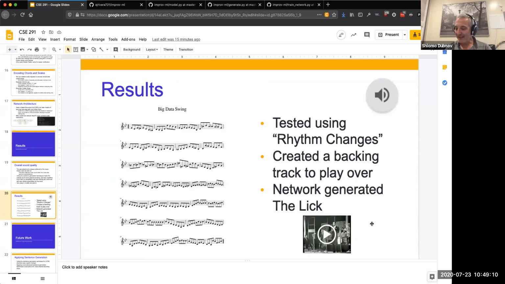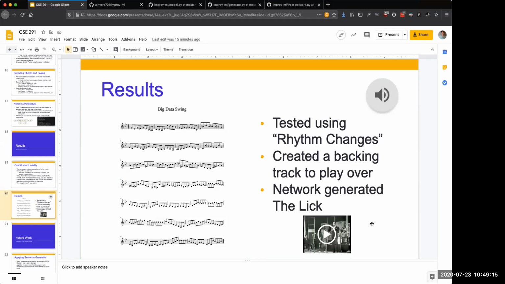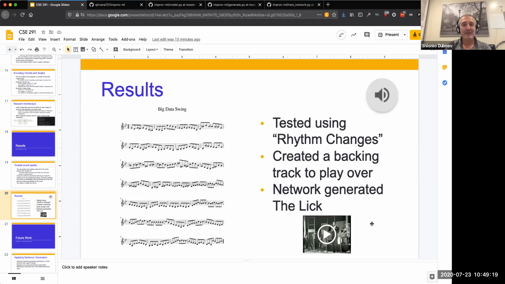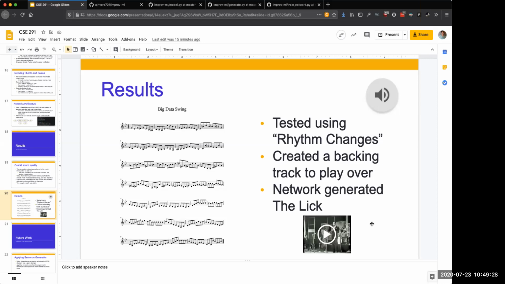And about the lick, so you trained it on Charlie Parker, right? The lick was not present in any of the solos, by the way. Really? Yeah. So that was my question, was it present? If not, how do you think it generated it? Where did it come from? I think it's a phrase that can work in a lot of solo contexts for jazz. It works for most chords and most keys.